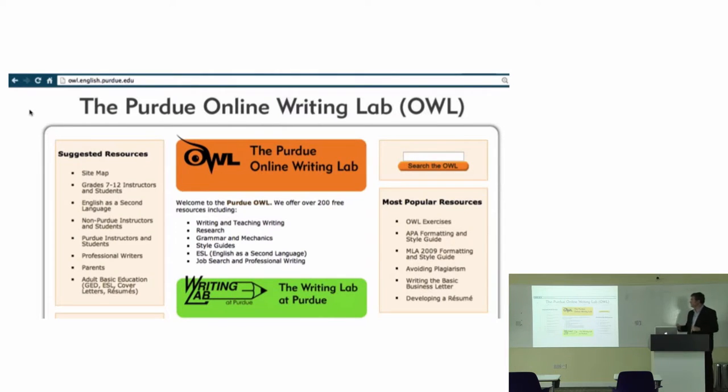Your go-to is the Purdue Online Writing Lab, or otherwise known as OWL. If you type some of this into your laptop or search bar, this will come up and you'll be able to find a site map and then links to specific questions about MLA formatting and style.